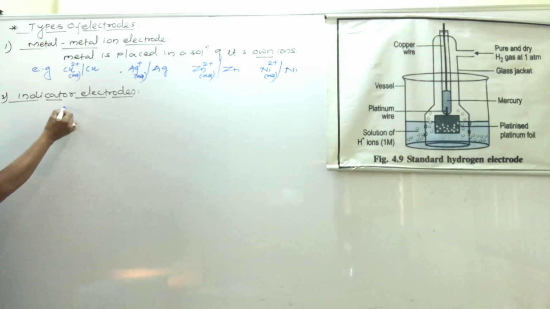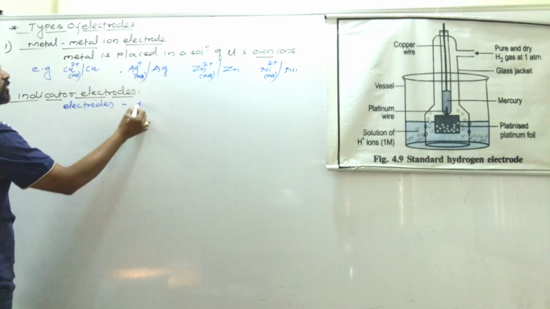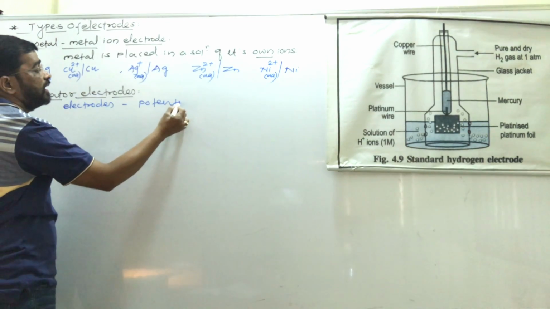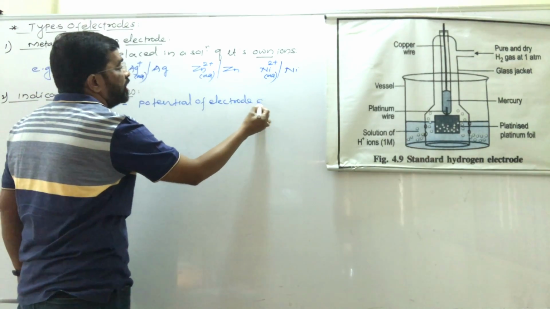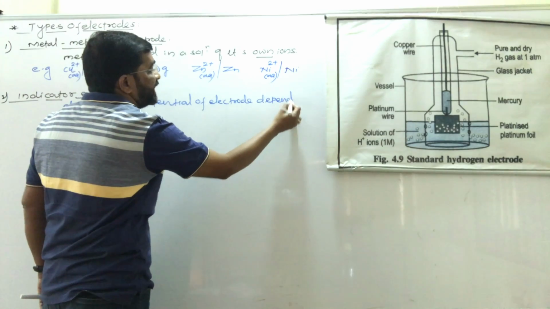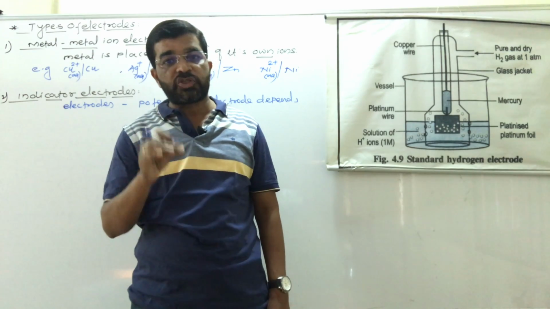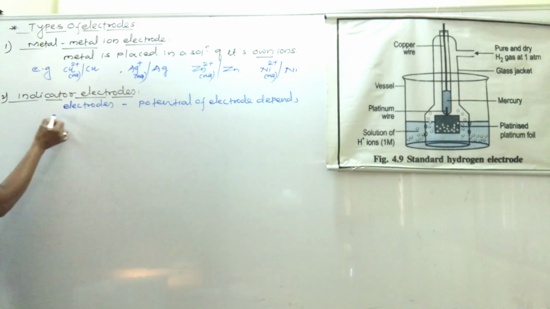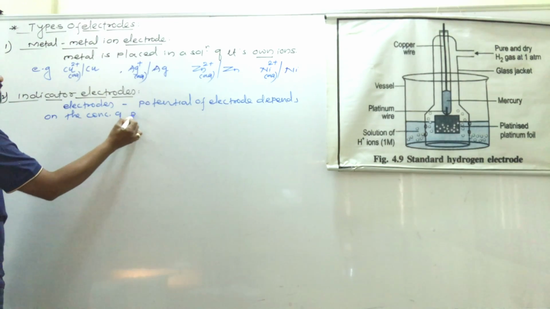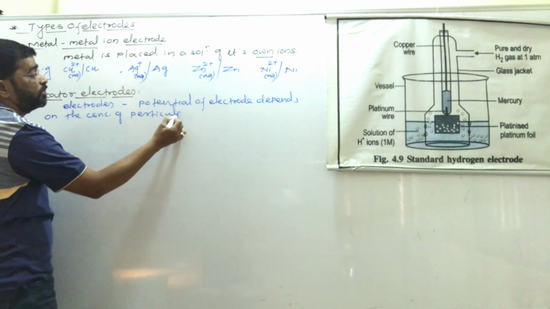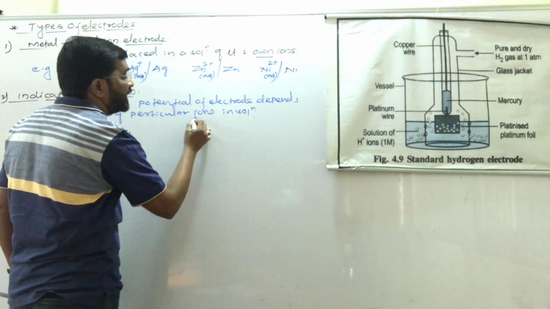These are electrodes in which the potential of the electrode depends on the concentration of particular ions present in that solution or electrolyte.